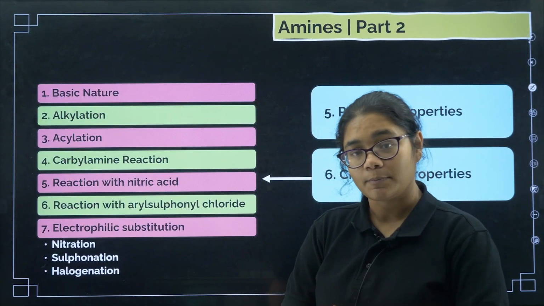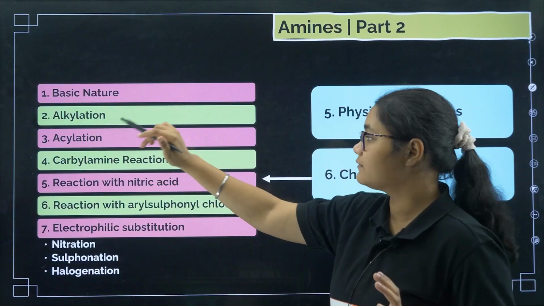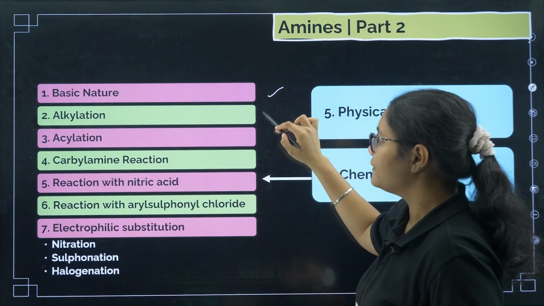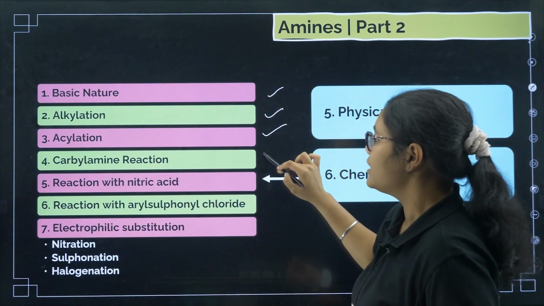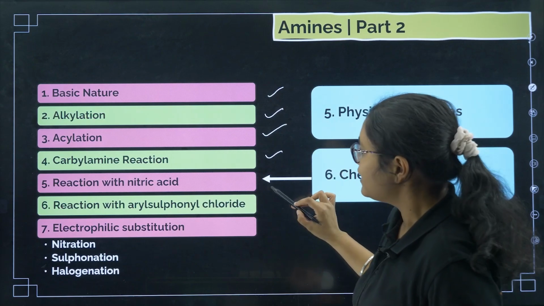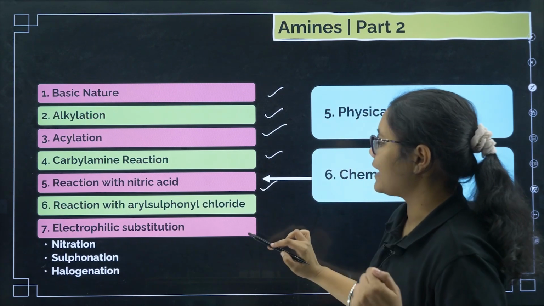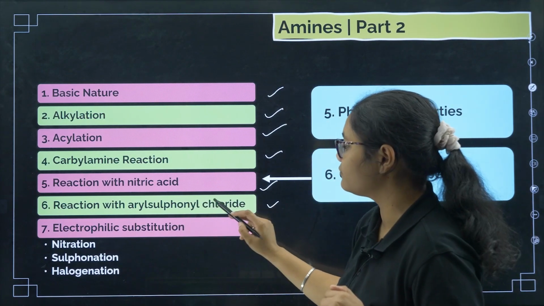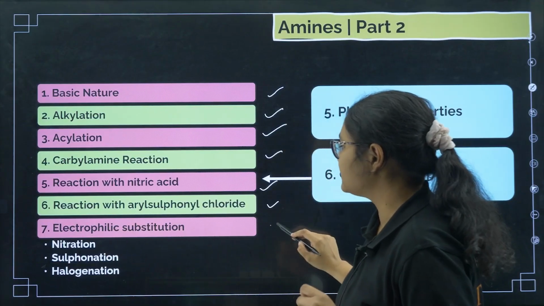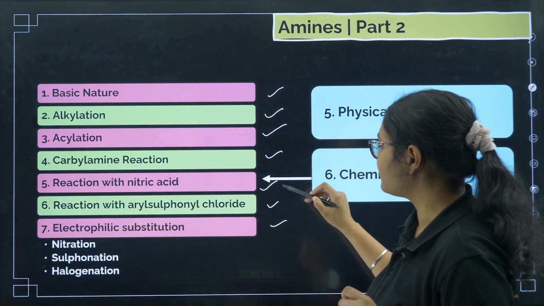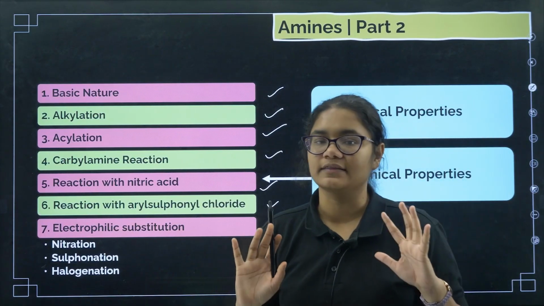What about the chemical properties? You should have a list of this. First thing we'll be talking about is the basic nature. Then alkylation, acylation, carbylamine reaction. Next we have reaction with nitric acid, reaction with aryl sulfonyl chloride, electrophilic substitution. So 1, 2, 3, 4, 5, 6, 7. 7 reactions are there.